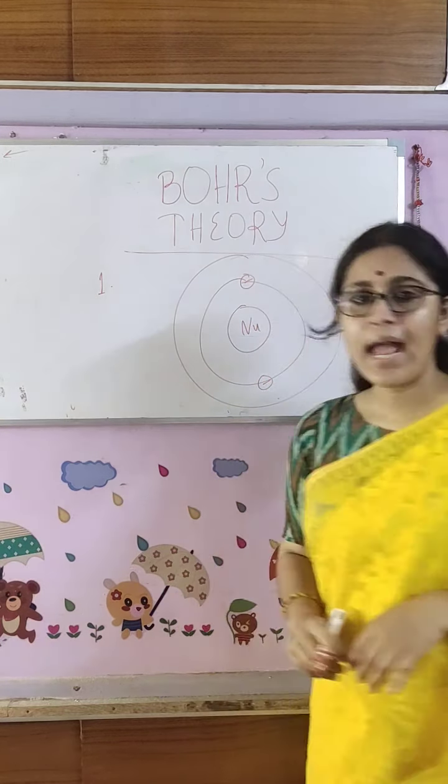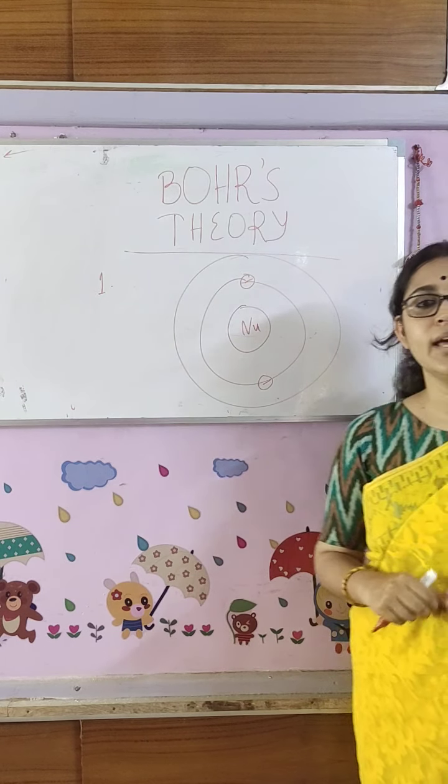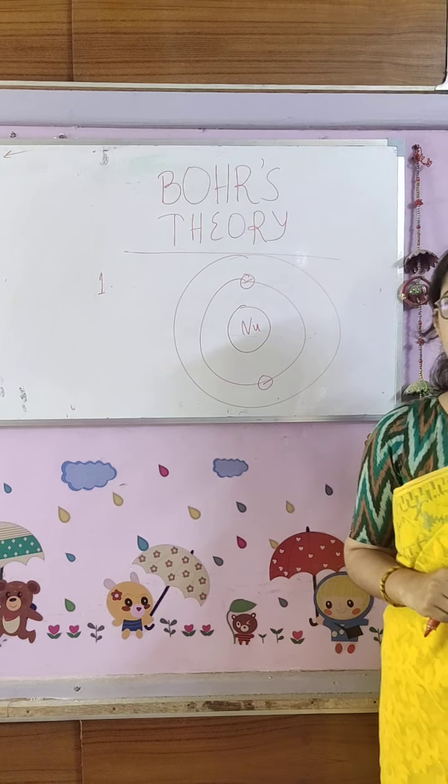The number 1 electron cannot be in the third shell because it cannot afford that much energy to go to the third shell. So its place is number 1. And whenever that particular electron is in number 1, it will neither gain energy nor lose energy. So these are the main postulates of Bohr's theory, and in this way he explained the stability of an atom.